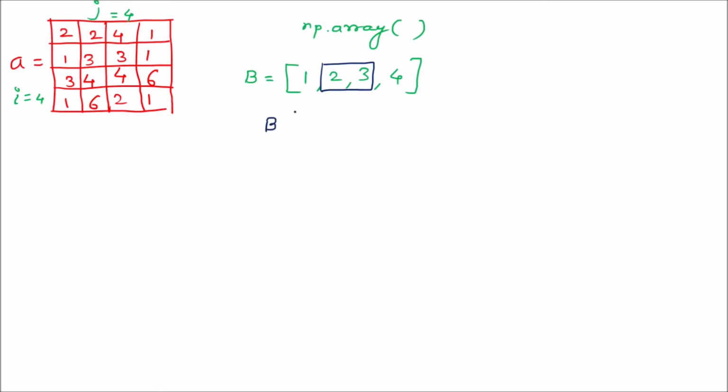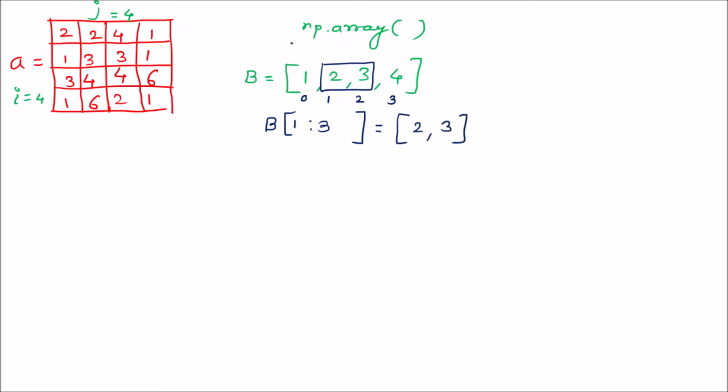You can specify B of the starting index. This is index 0, this is 1, this is index 2, this is index 3. So starting index is 1, and what is the ending index? 2, but you have to specify the ending index as 2 plus 1, that is till 3. So it will display the elements 2, 3.